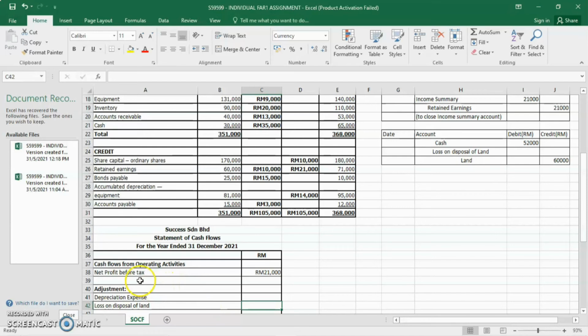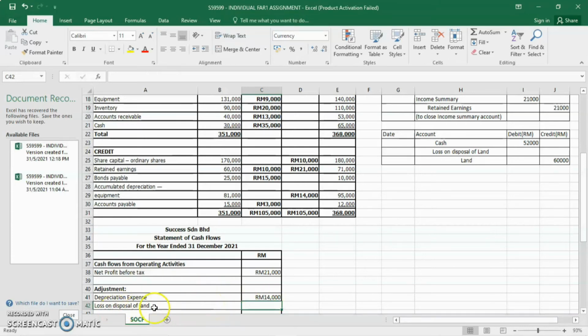You must make adjustment to non-cash expenses. First, for depreciation expenses, we must plus 40,000, and because depreciation expenses reduce net income but not reduce cash, we must add back depreciation expenses.